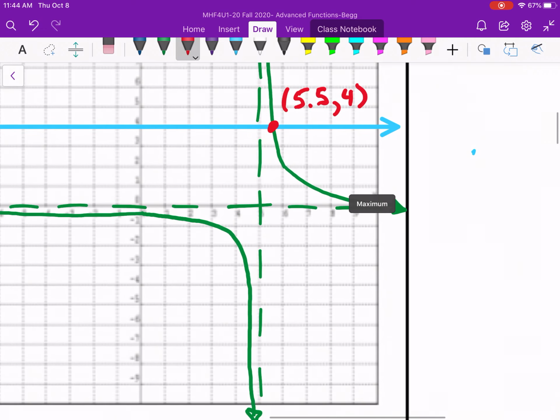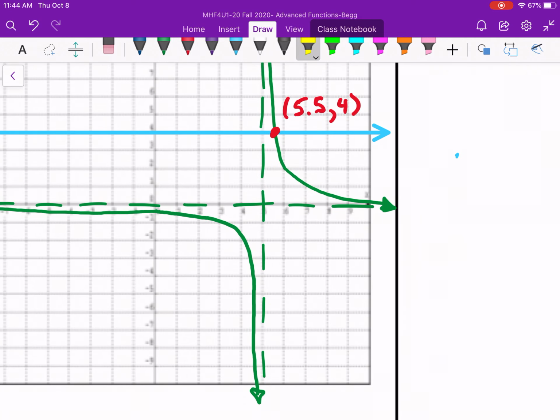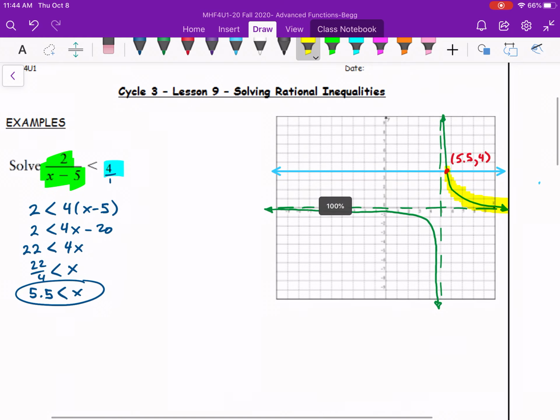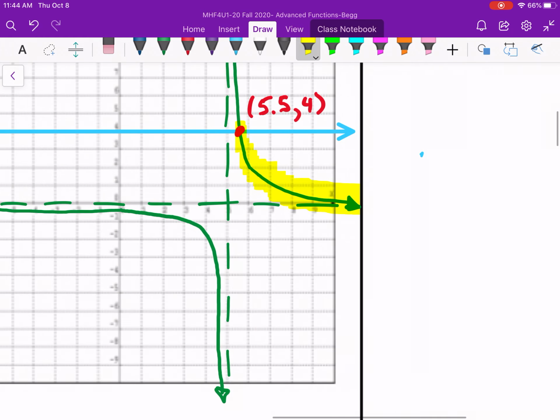When the green graph is less than the blue graph, that's going to give us our solution. So we're going to start at 5.5. We're not going to include 5.5 because it's not an or equal to sign, it's just a less than. So anywhere on the x-axis from 5.5 over is going to give us our solution.